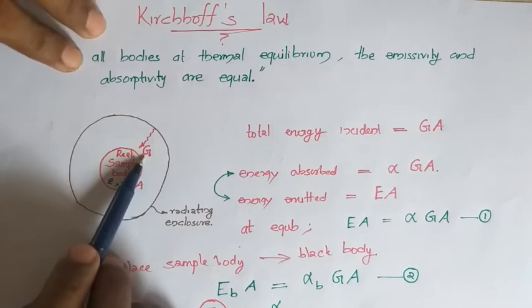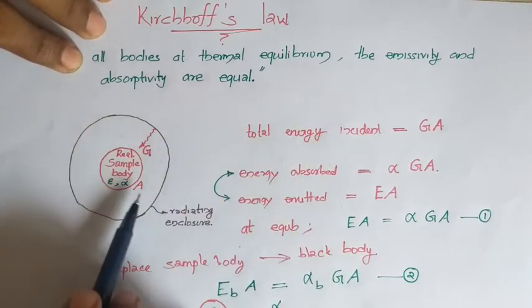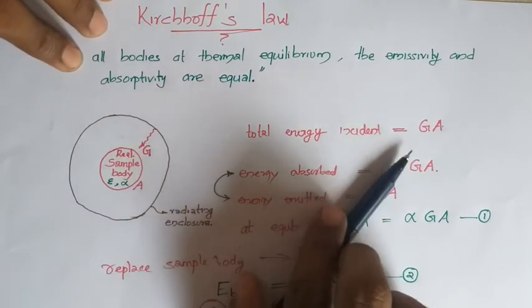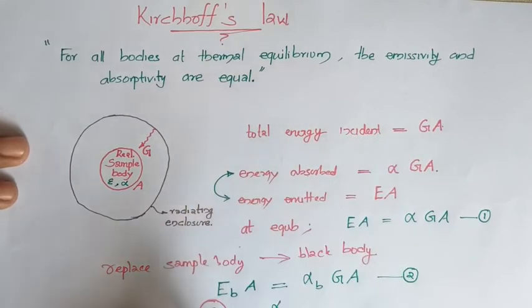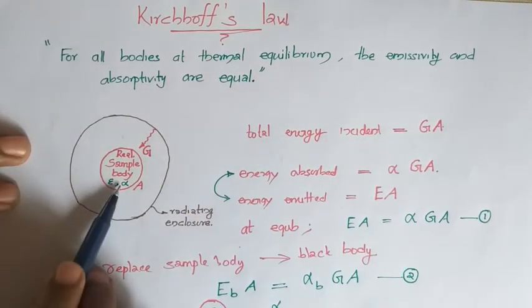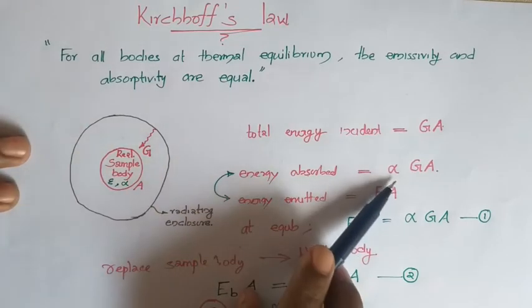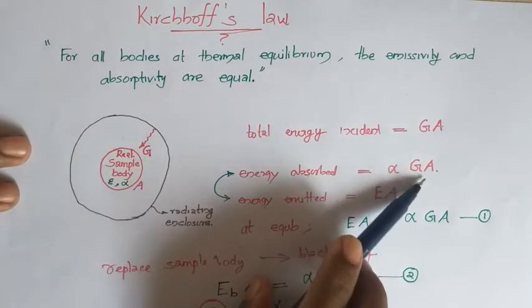So if the real body has a total area of A, the total energy incident will be G times A. And out of this, if it has an absorptivity of alpha, the energy absorbed by the real body will be equal to alpha into G into A.